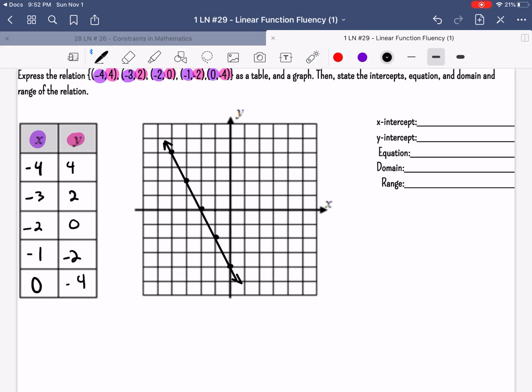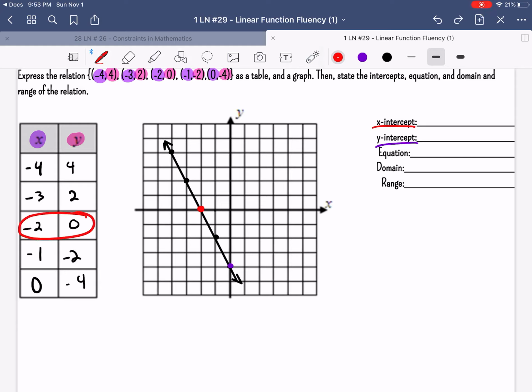So I need to find the x-intercept, which I know is where it crosses the x-axis, and I need to find the y-intercept, which is where it crosses the y-axis. From last week, when you have the equation, you make y equal 0.